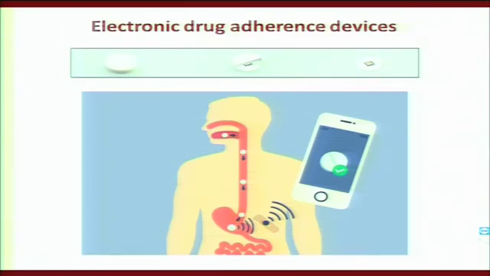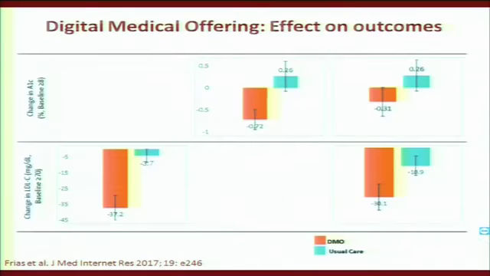We have supervised ATT. This is an electronic supervision of ATT. If we could integrate this with our tuberculosis control program, it's going to be wonderful. And it's not that it is only a tool.